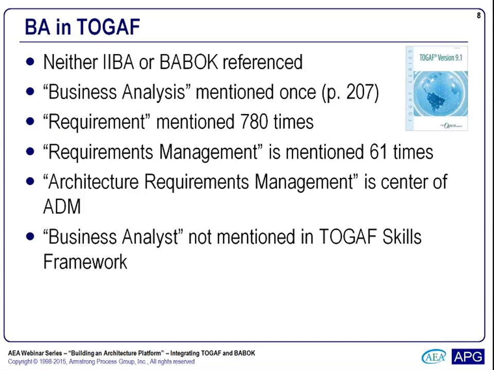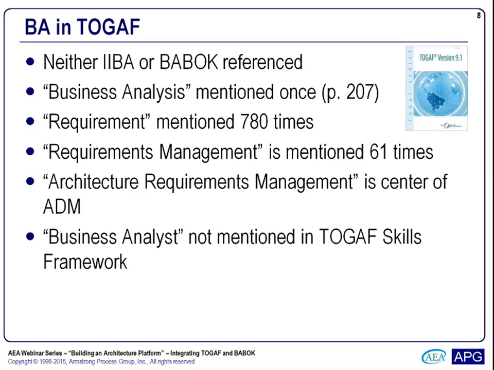So I submitted a change request for the next version of TOGAF to at least insert a reference to the professional association, IIBA, and/or the body of knowledge, particularly around requirements management, which we'll talk more about later. We should at least call out and make sure everybody knows there is this thing called the BABOK, and it's got a lot of good stuff in it that could help architects perform their activities a little more prescriptively than what TOGAF suggests.